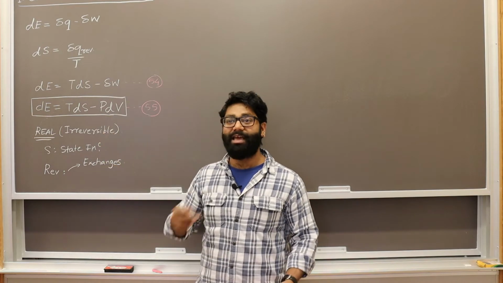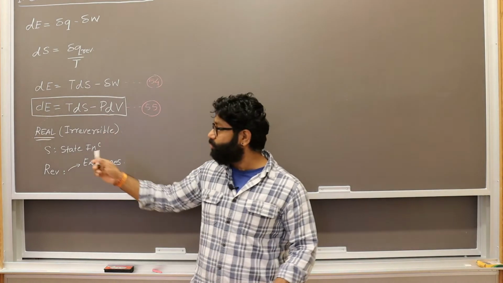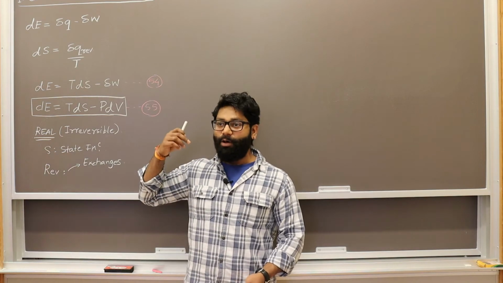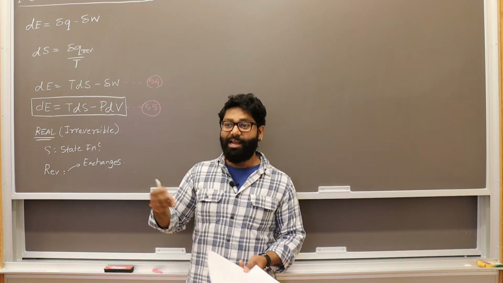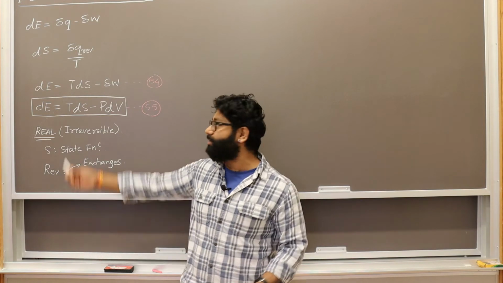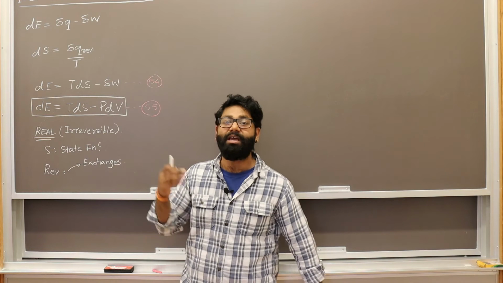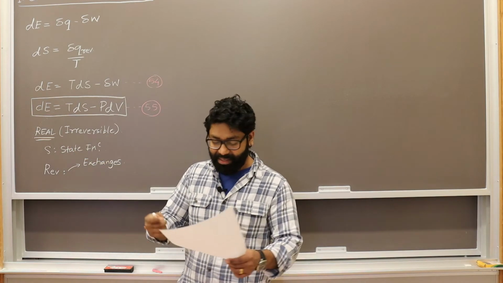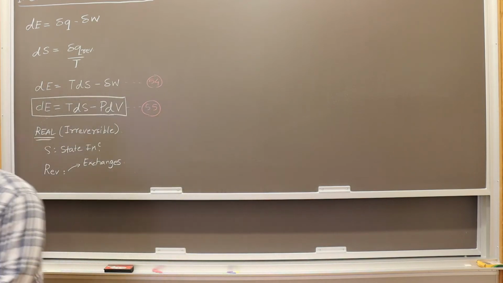Therefore, this equation can also be helpful in finding the dS in real processes, right? Because only in irreversible real processes are you able to produce any new entropy. So if this says that you are producing new entropy, that means you are able to use it in real processes.